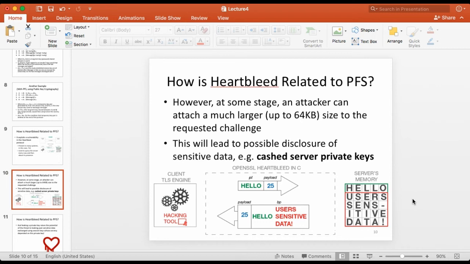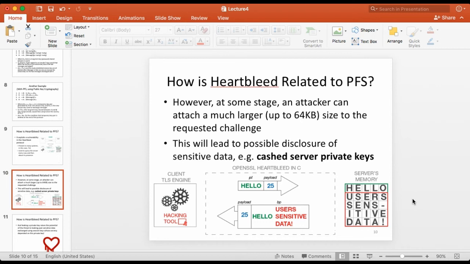Therefore if you were asking for more information, you may not just get gibberish or random stuff, but you may actually get some passwords that the server was using, or keys that the server was using in previous communications with its clients.